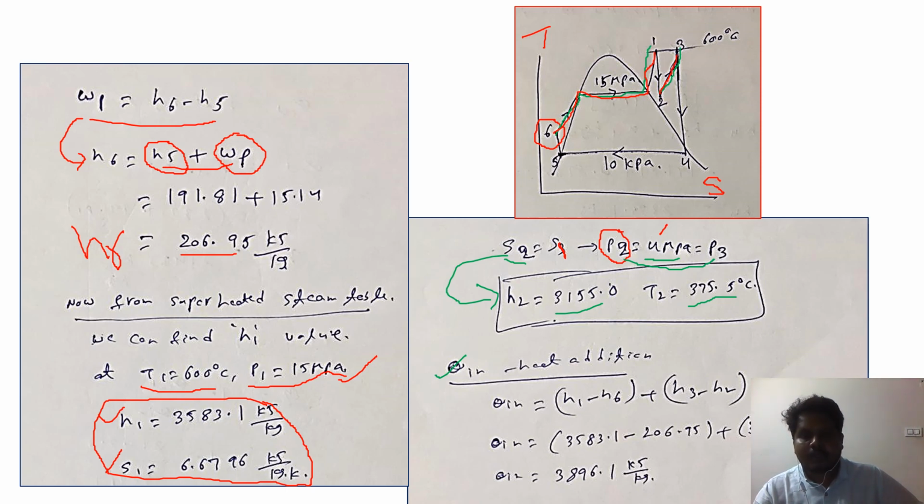So the total heat addition equals, for the process 6 to 1, H1 minus H6, and for the process 2 to 3, H3 minus H2.